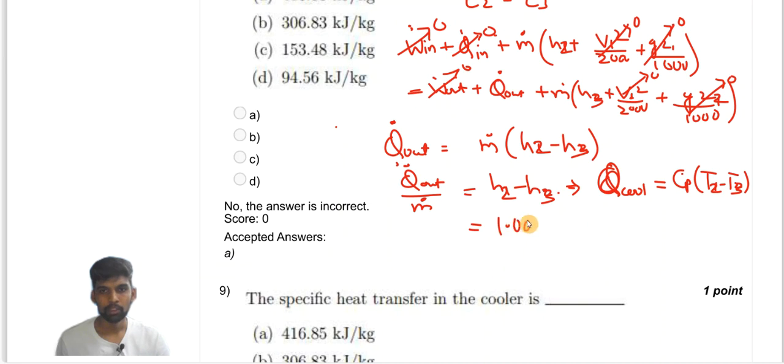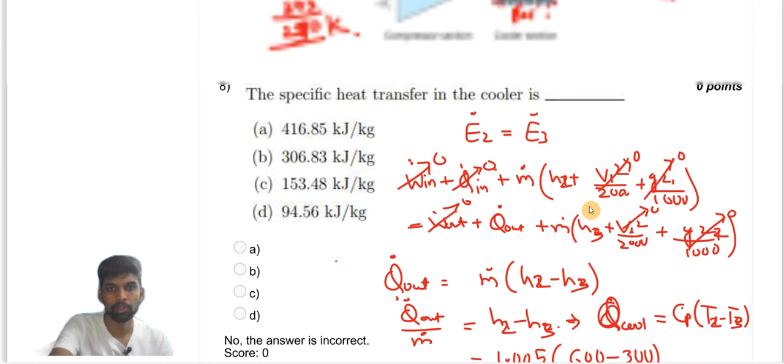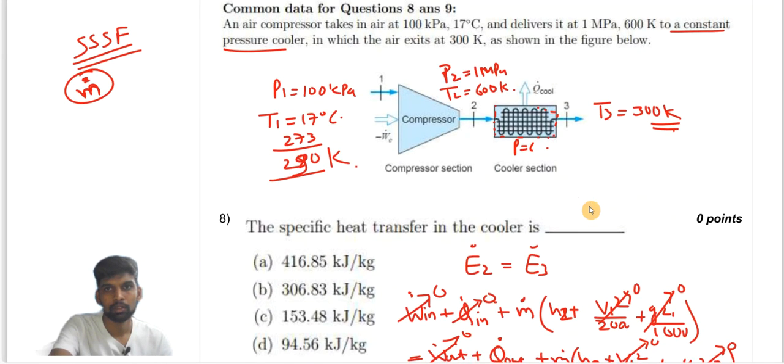Cp for air is nothing but 1.005. T2 is 600 and T3 is 300. So 300 point some. Okay, let me check. 300 into 1.005.